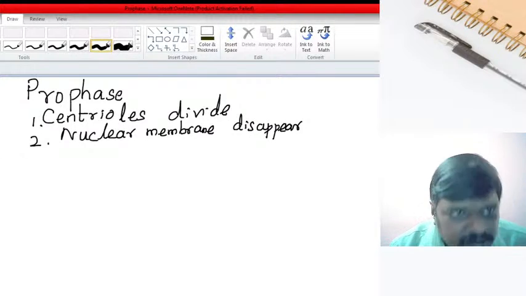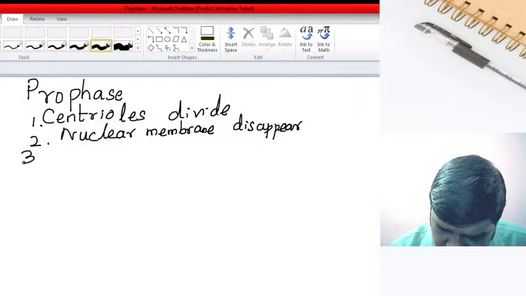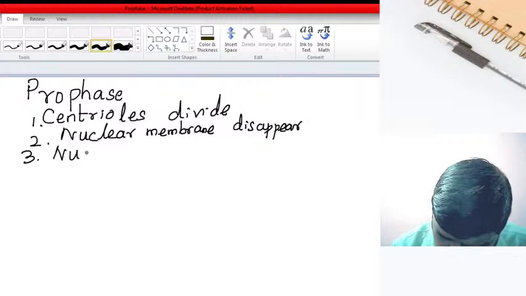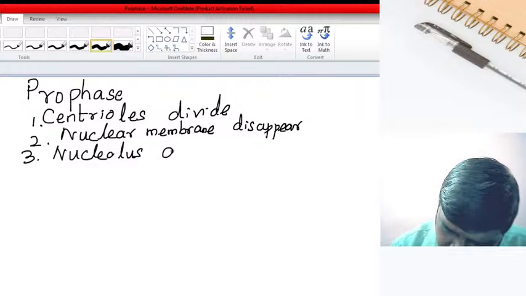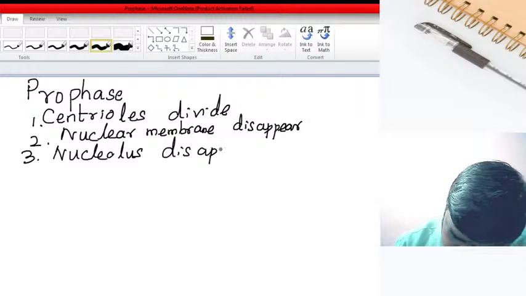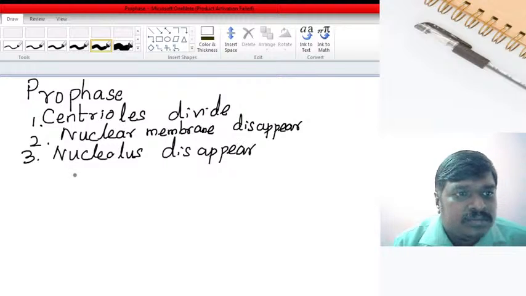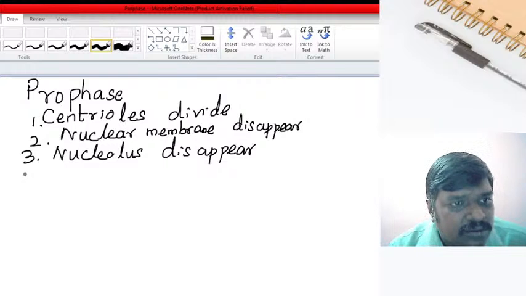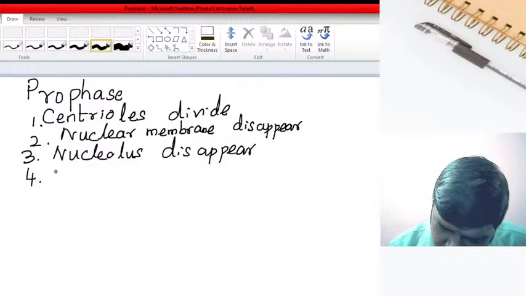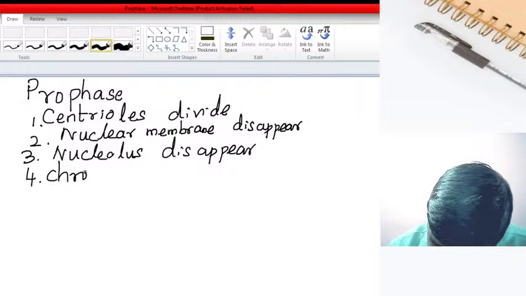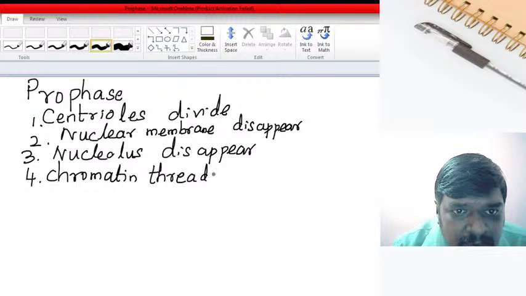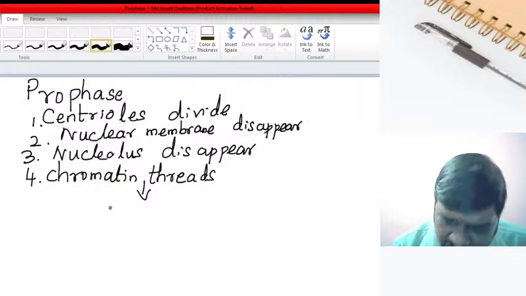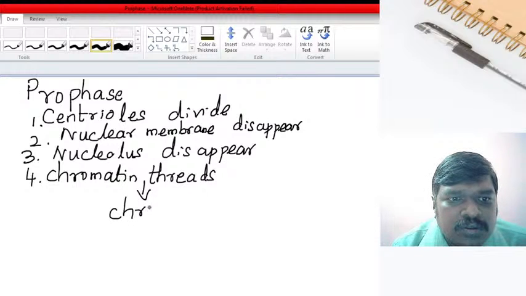Then third point, nucleolus disappears. And fourth point, chromatin threads condense and become chromosomes.